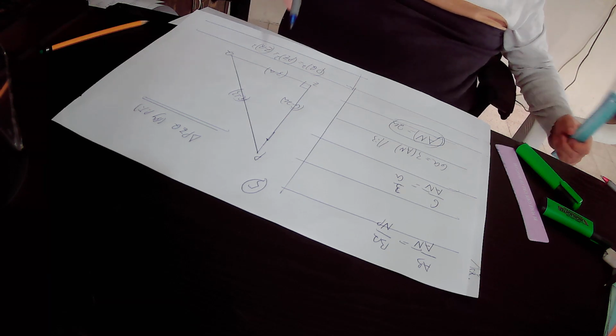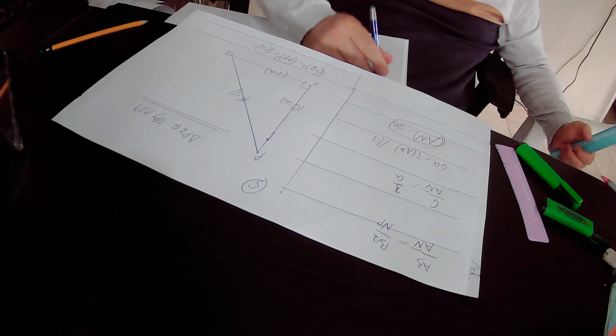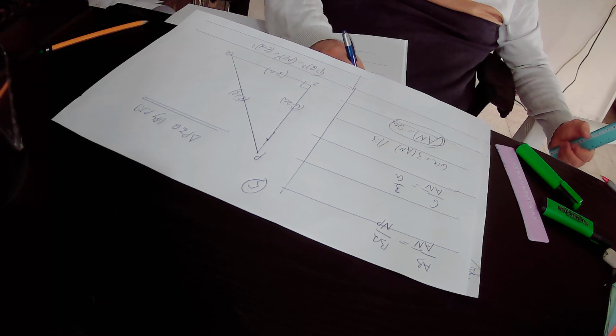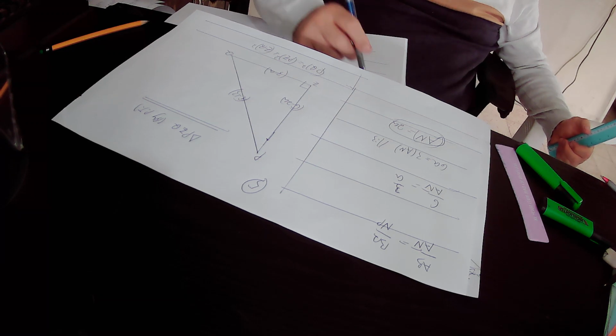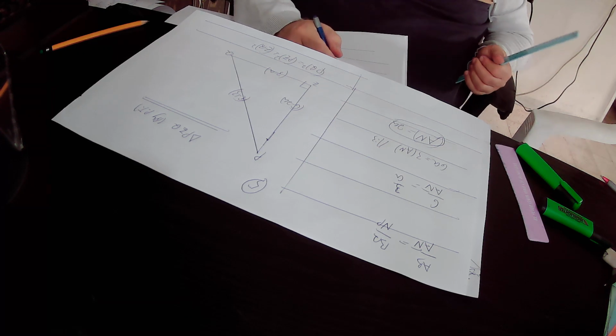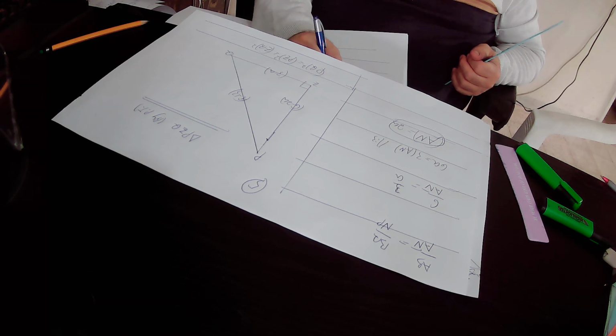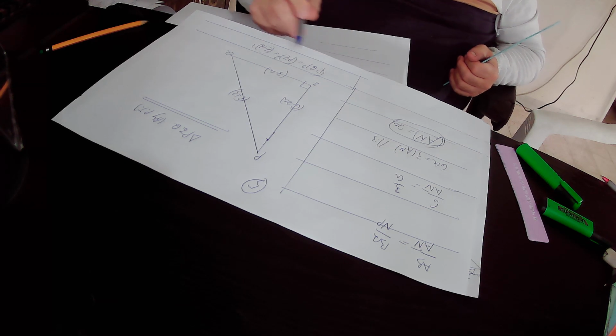The hypotenuse PQ is a plus 3, therefore PQ squared is (a plus 3) squared. And it must be equal to PZ squared. PZ is 6 minus 2a, therefore PZ squared is (6 minus 2a) squared, plus ZQ squared.